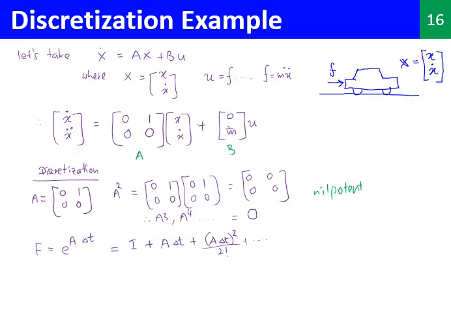But we saw that all this is going to be 0 because A squared is 0, right? Therefore we get 1, 0, 0, 1 plus A times delta t. So that would give us 0, delta t, 0, 0, and finally we get 1, delta t, 0, 1. Okay, so pretty straightforward, right? So we have found the F matrix.